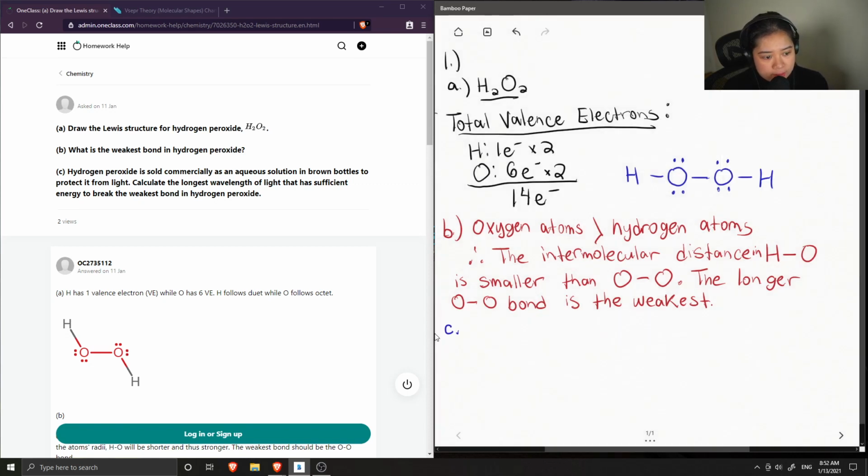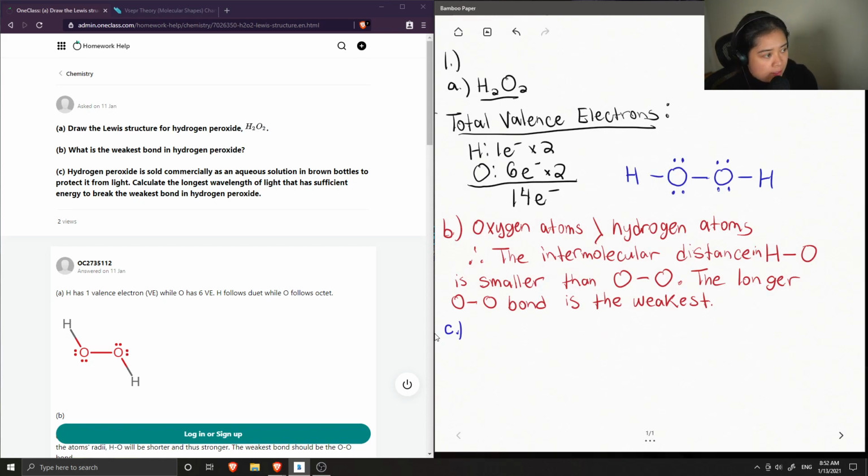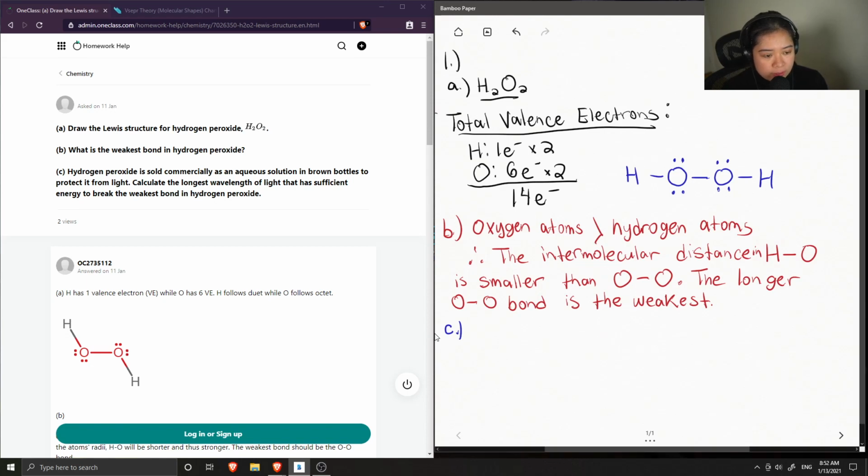So now let's do part C of this question. We need to calculate the longest wavelength of light that has sufficient energy to break the weakest bond in hydrogen peroxide. To do this question, let's first recall this energy equation, where energy is equal to Planck's constant times the speed of light divided by your wavelength.